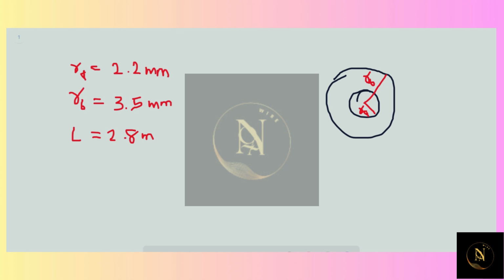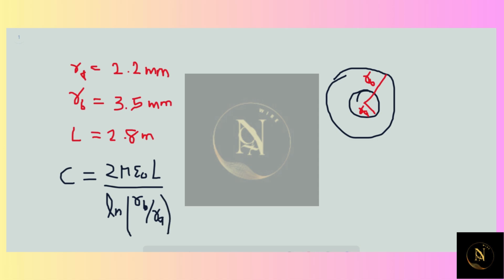We know that the capacitance for the cylindrical capacitor is given by C equals 2 pi epsilon naught L divided by the natural log of the outer radius Rb divided by the inner radius Ra. We are required to find the capacitance per unit length.